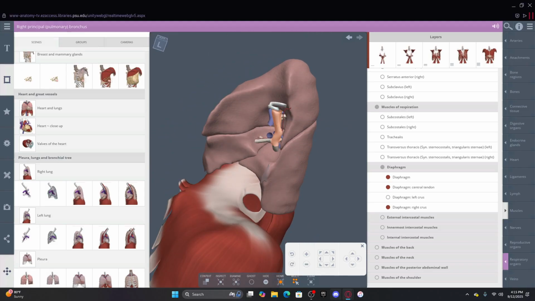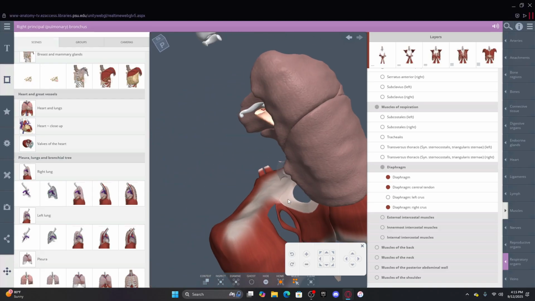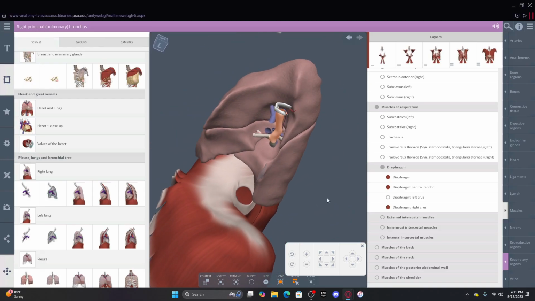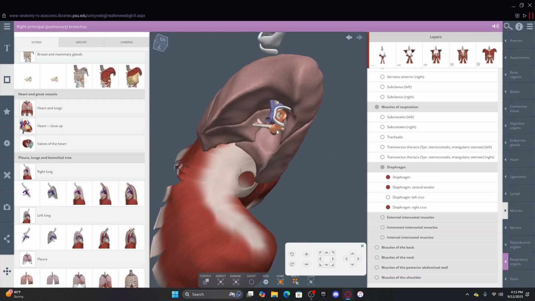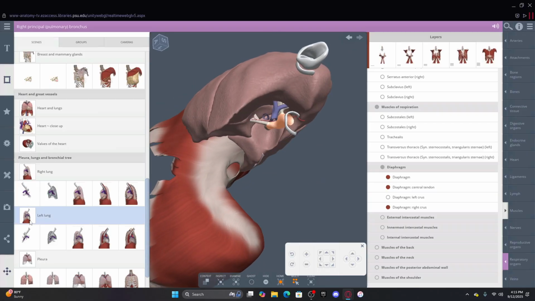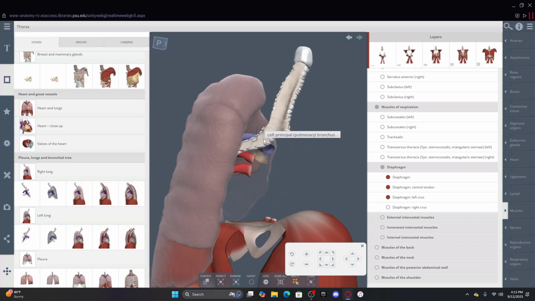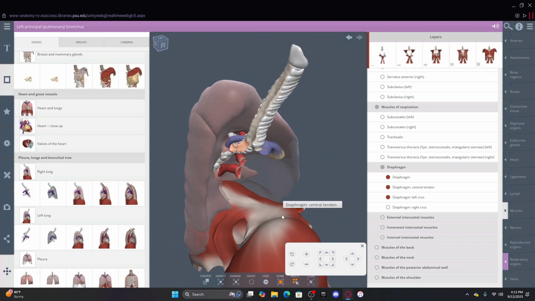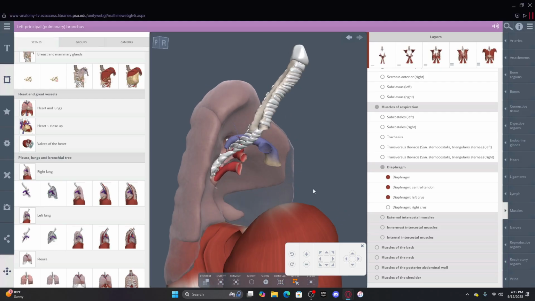I don't know if I can get a good image, but you're also going to have your right primary bronchus going into your hilum, and inside the right primary bronchus would be your right lobar bronchus.